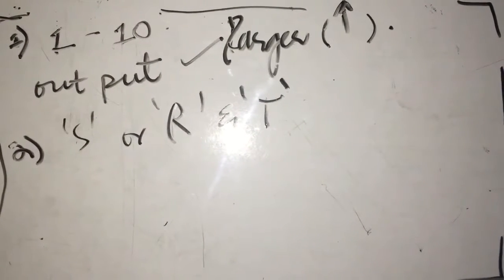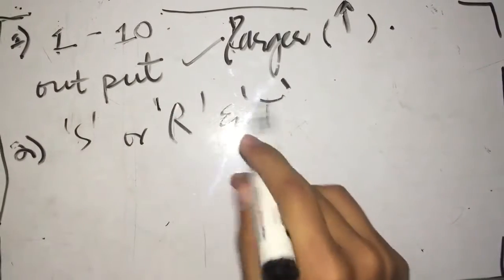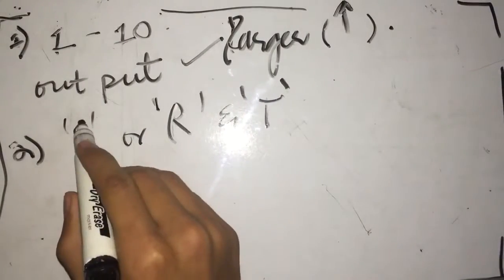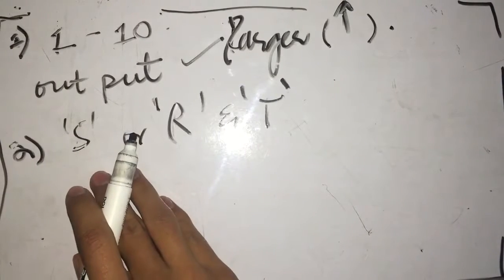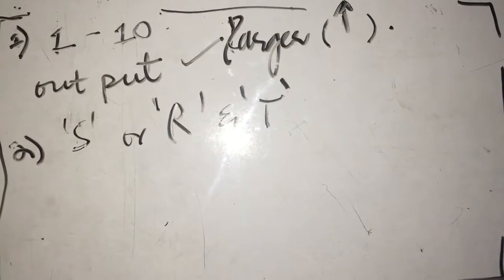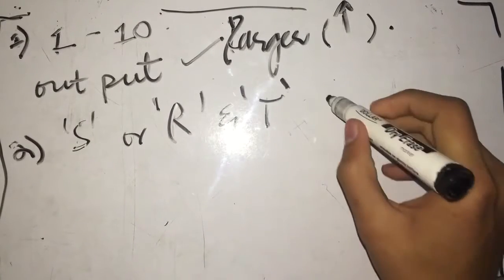Based on what the user entered, it will output the area of that specific figure, using an if else or switch case statement.